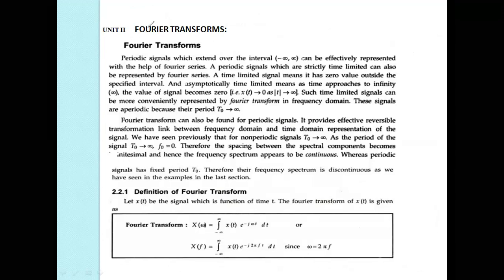Now you can see here, the Fourier transform: a periodic signal which extends over the interval minus infinite to infinite can be effectively represented with the help of Fourier series. Aperiodic signals which are strictly time limited can also be represented by Fourier series. A time limited signal means it has a zero value outside the specified interval.